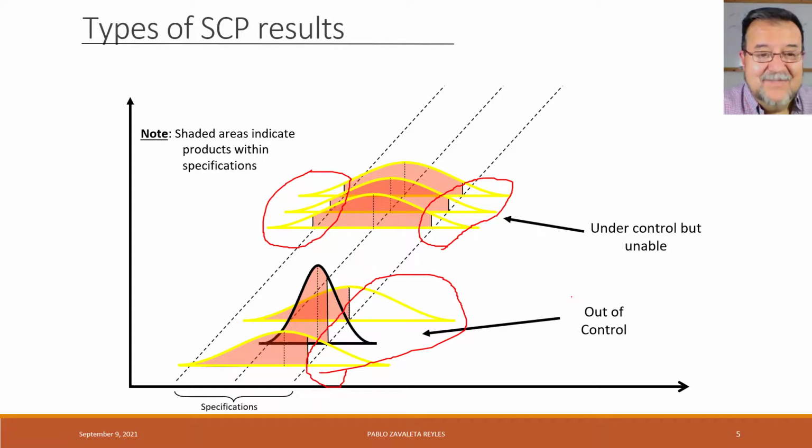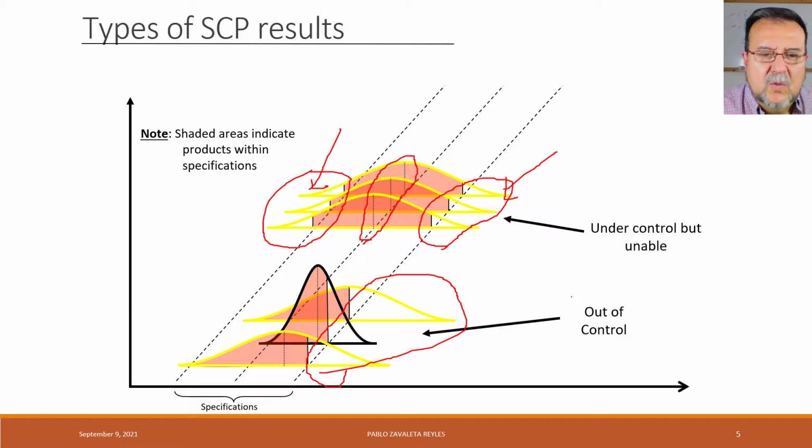Again, this is not acceptable. Yes, it is under control. Most of the process is within parameters, and its averages or means are here, in the middle. Yes, perfect. But there's all this and all this that's outside.